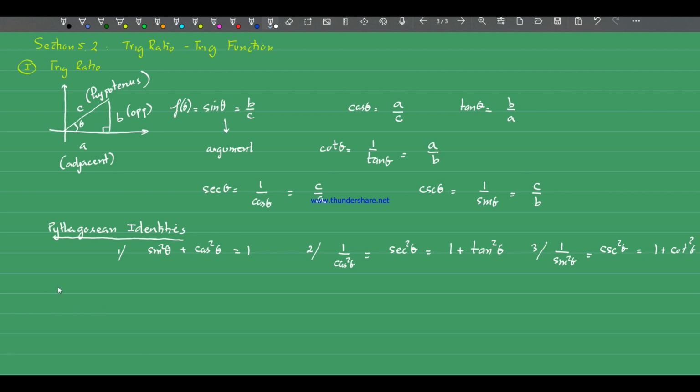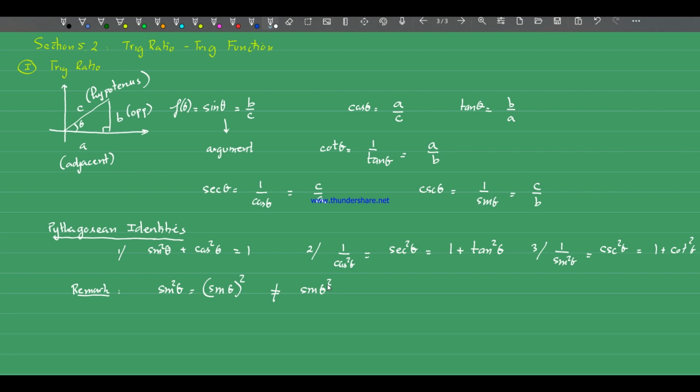So I put a remark over here, just in case sometimes you write the wrong syntax, then everything will go wrong. So remark: if you put sine square theta, this is the same as sine theta squared. So these two are the same, but these two over here are not the same as this.